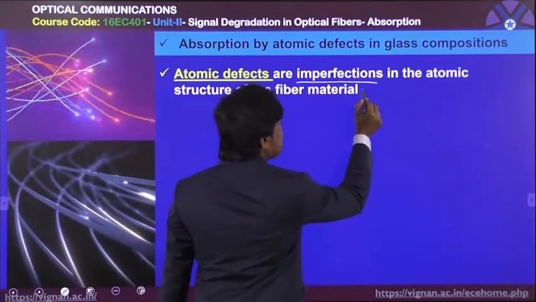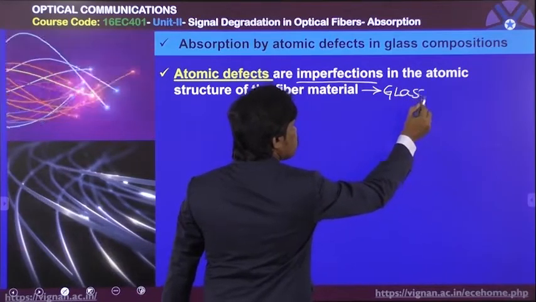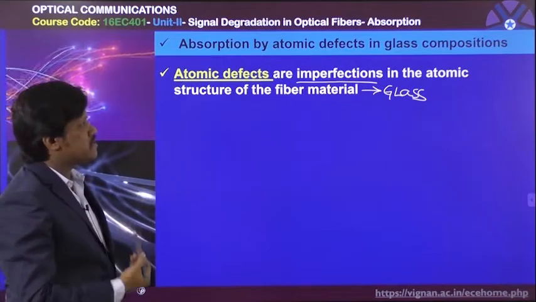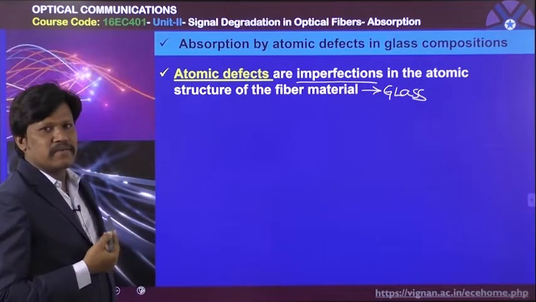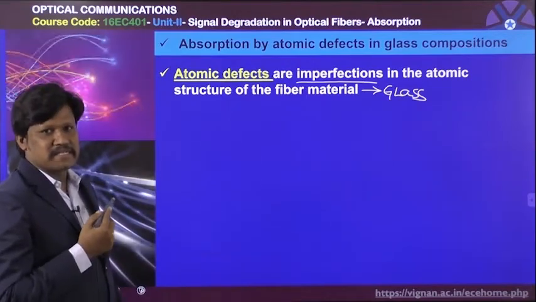So what is the fiber material? Glass is the fiber material. So what are these atomic defects?